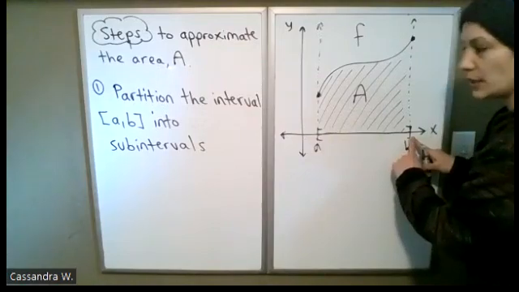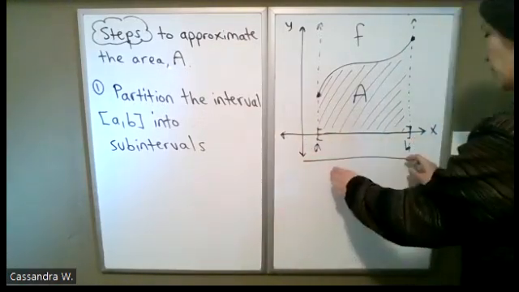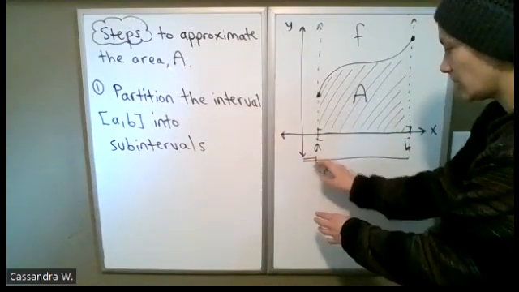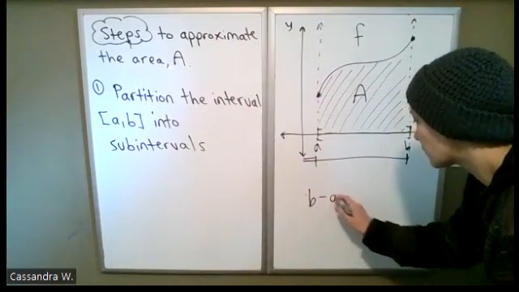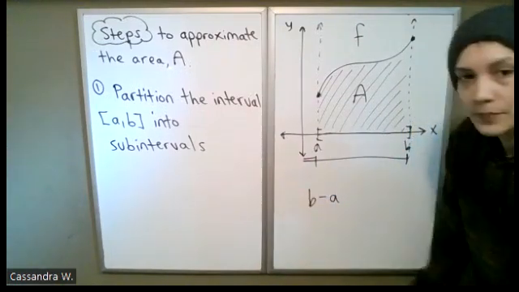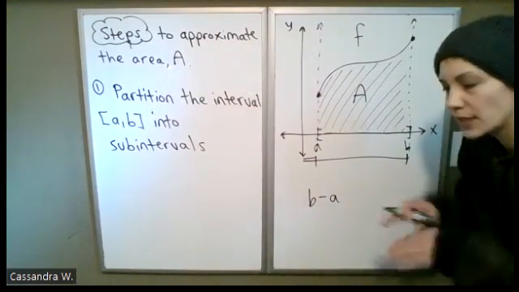So what you're doing is taking b minus a. Take this value b, remove this value a, that gives you this leftover part. And then if you want n subintervals, divide by n.